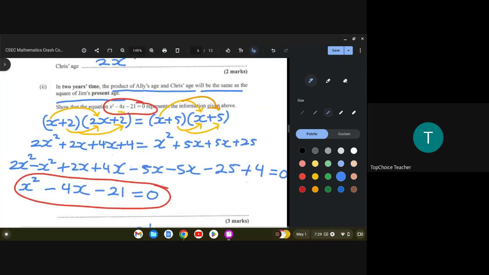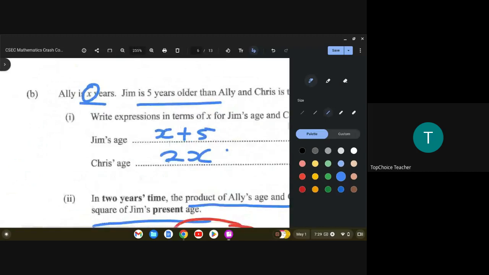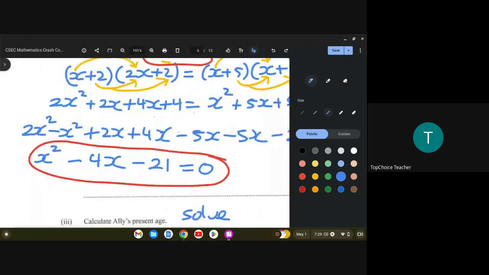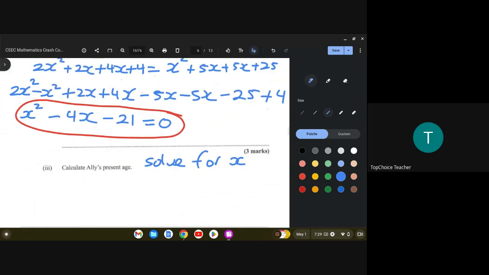Because isn't her present age x? That is how many years old she is. What is the variable in this equation we just found? x. So if we solve this equation, we solve for what? Y? Z? No, we solve for x. So to get the present age, we have to solve this equation for x.